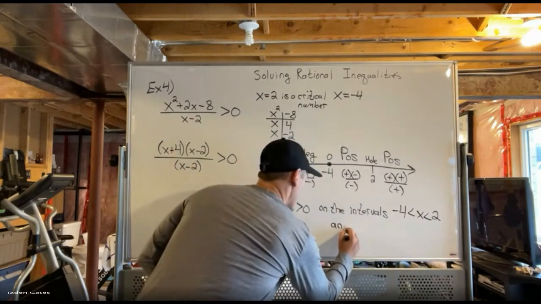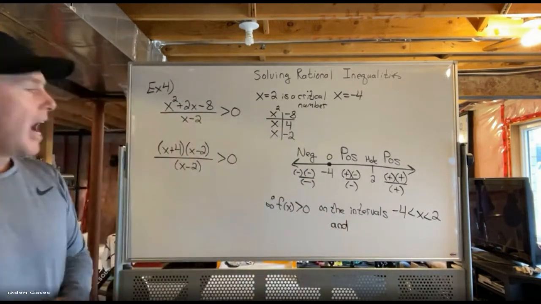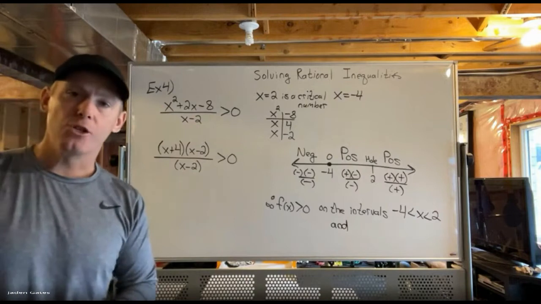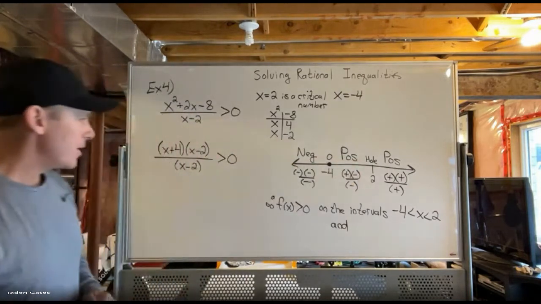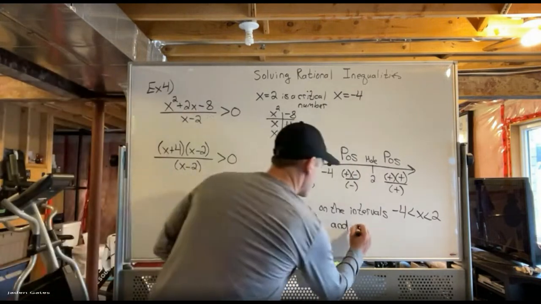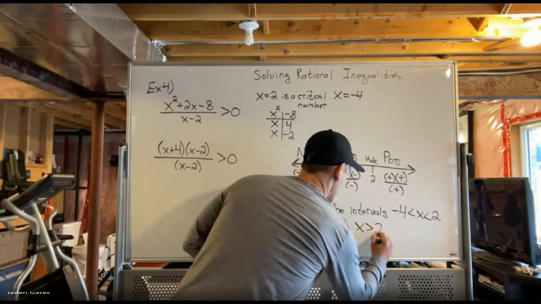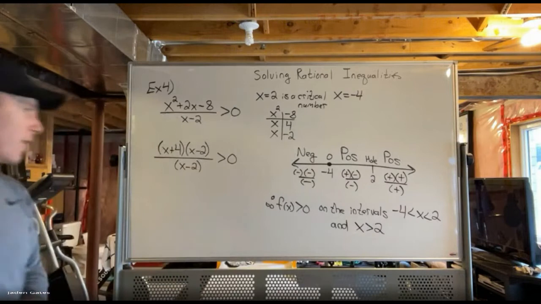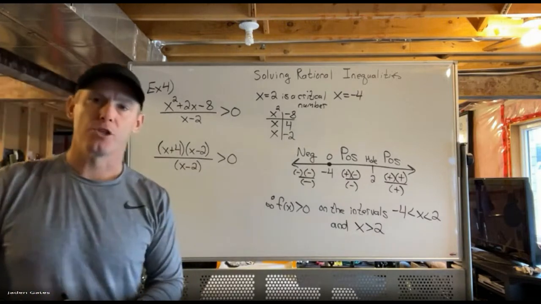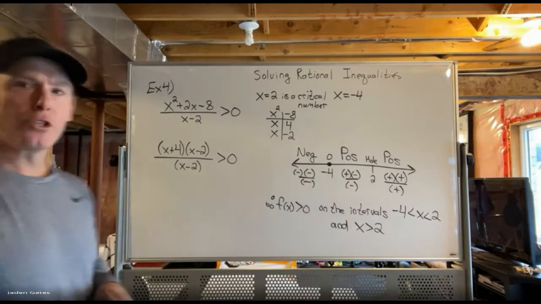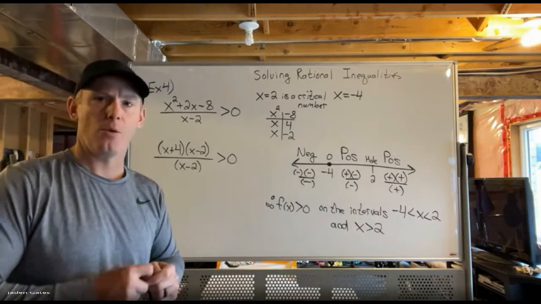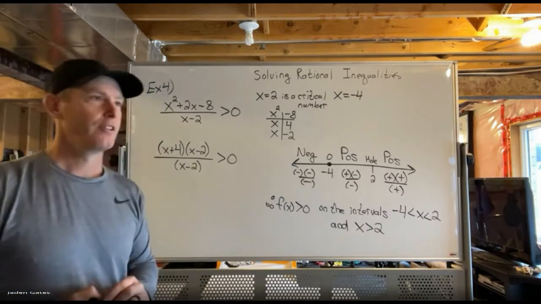And after 2. Again, not at 2 because there is a hole there. So x is greater than 2. So again, there are 2 intervals in which that is true. All right. Any questions so far? Before we get to the granddaddy, the last one here.